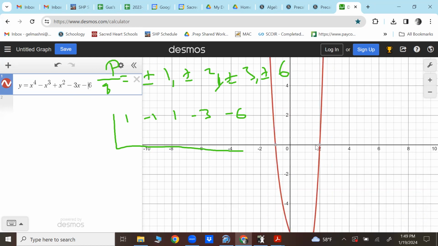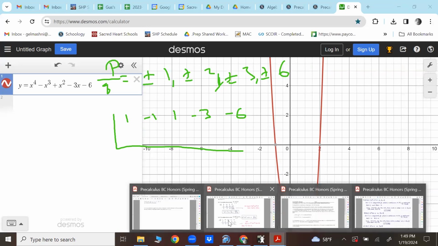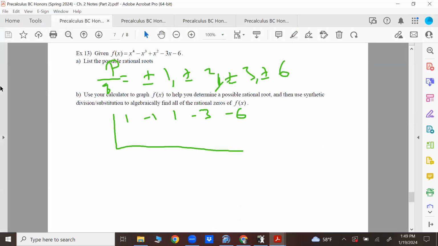Okay, so definitely it's crossing at 2, so let's go with 2. Also it's crossing at -1, but it's up to you which one you want to go with. You can start with either one. So we'll start with 2. 1, 2, 1, 2, 3, 6, 3, 6, 0. Okay.